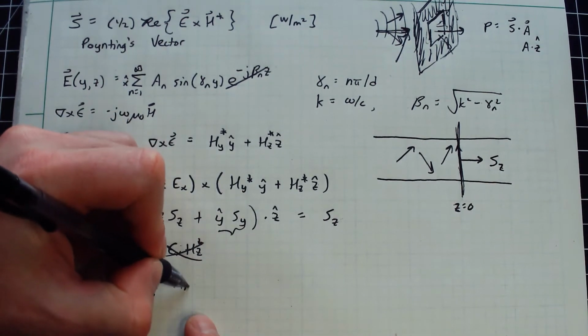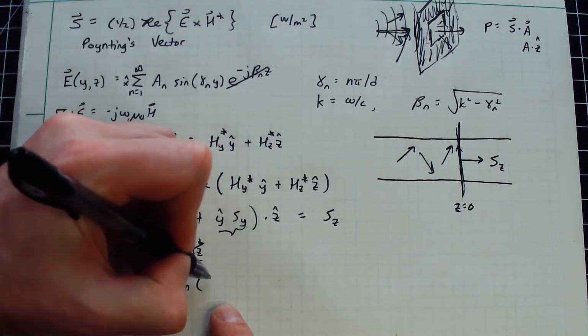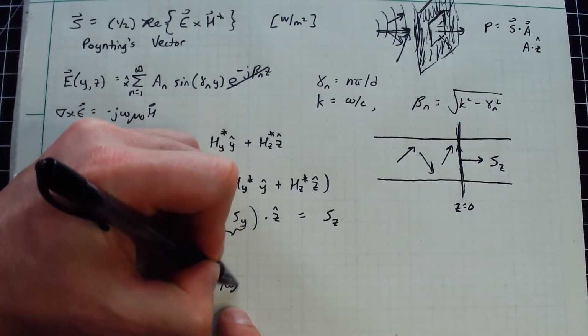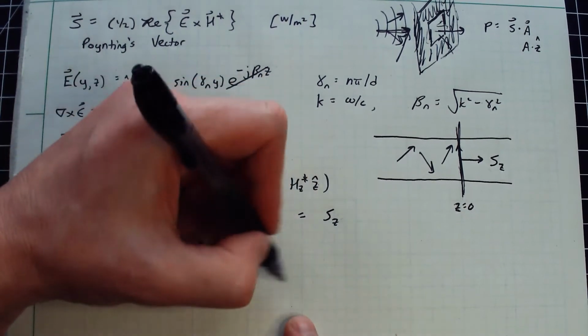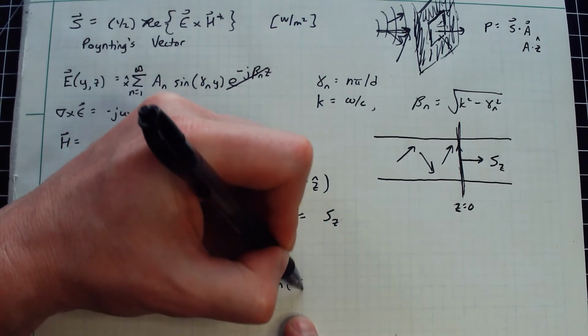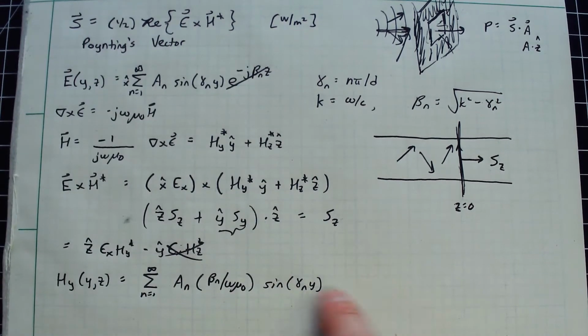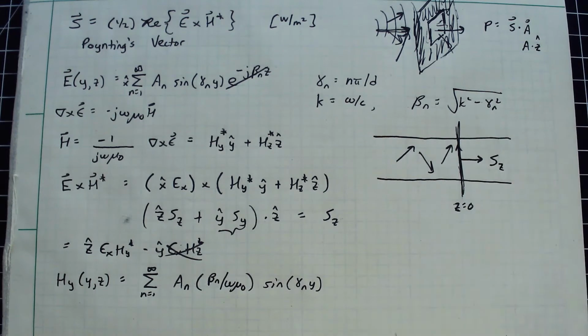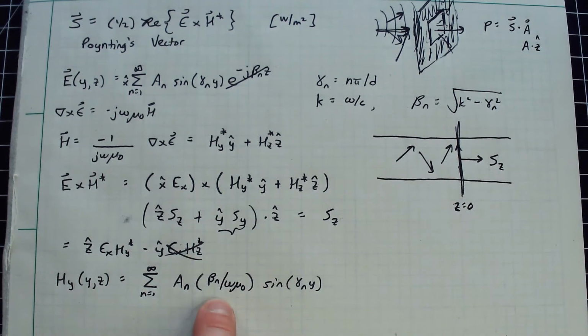It was A sub n, there's going to be a beta sub n over omega mu naught sine of gamma sub n y. And we're going to pick 0 for z, so I'm not going to worry about the little beta bit. So you notice I still have this kind of Fourier series.